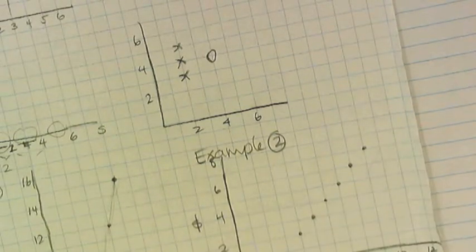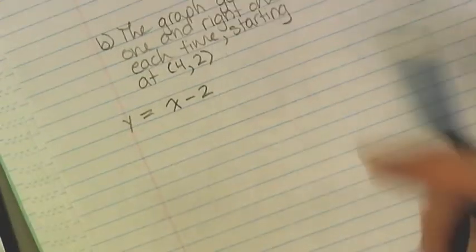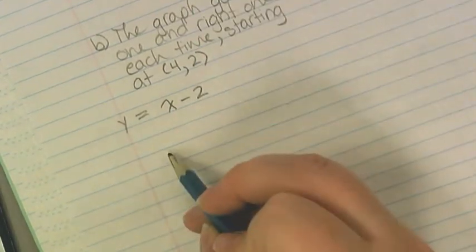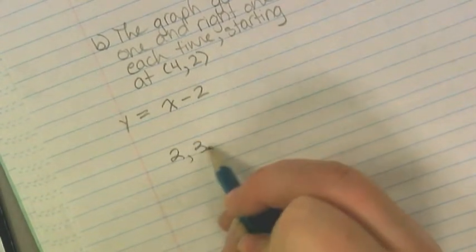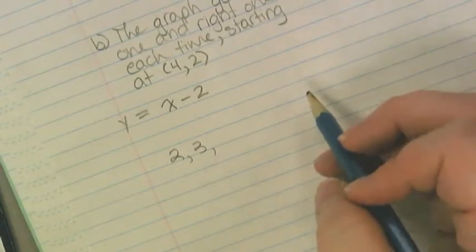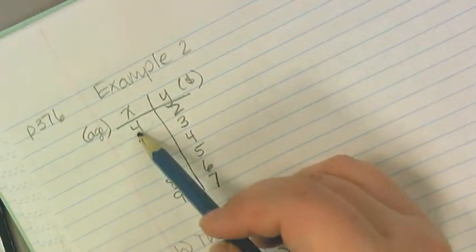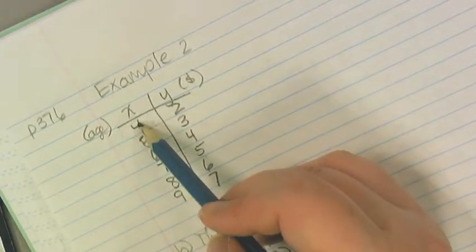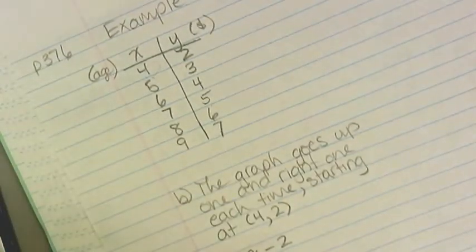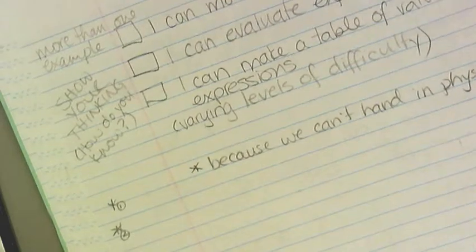And that actually brings me to one of the things that came up in your journals, is that when you're doing a number pattern, so in this case, if we were going to rewrite this as a number pattern, it would be 2, 3. Actually, that's not even a good one because it starts at 4. So let's look at this one.